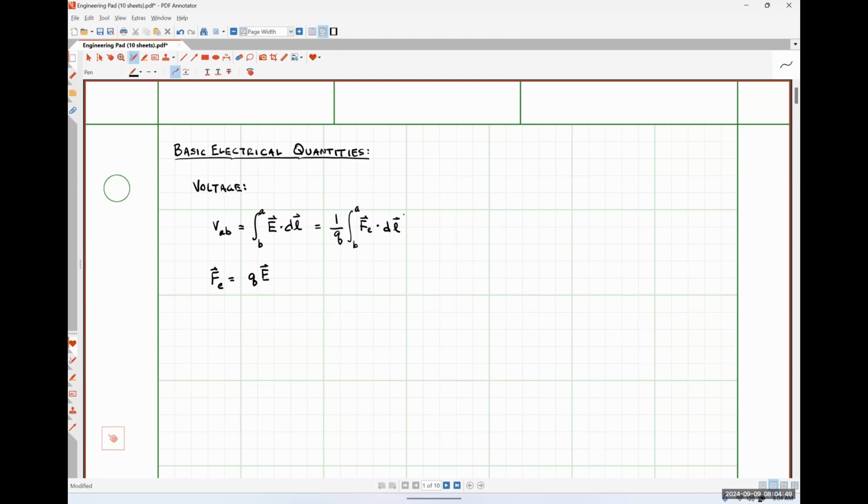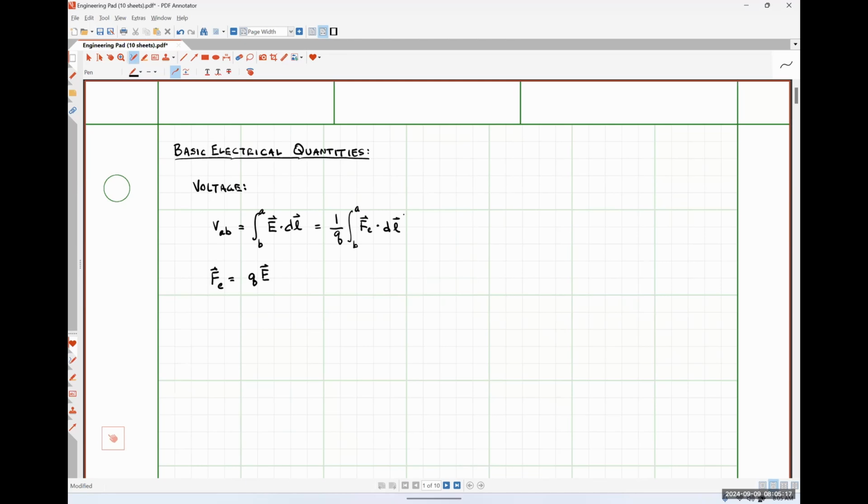Now, arguably, this might look a little bit worse, but it's better because I'd be willing to bet that at least most of you have some idea of what the integral of a force dotted into a distance is. What's force times distance? Work. That's exactly right. It is literally just work.